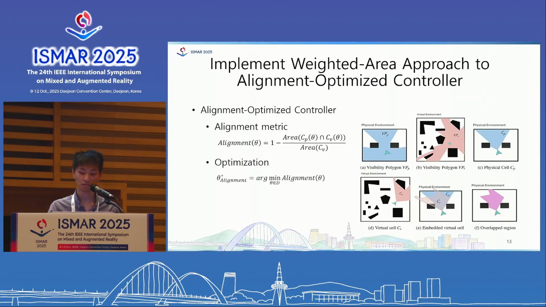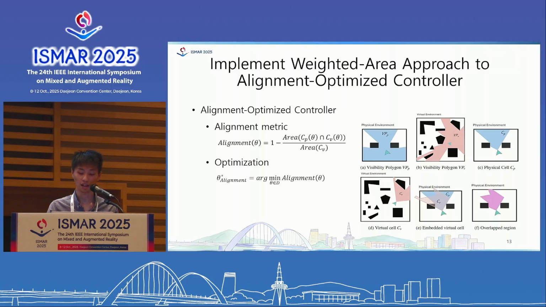Now that we have introduced the weighted area design, let's look at how we implement it in the alignment optimizer. But first, let me briefly review how alignment optimizer works. So we begin by computing the visibility polygons, VPP and VPV, for the user position in the physical and virtual environments. Using the user's heading direction, we then define the physical cell, CP, and the virtual cell, CV. Next, we overlay the virtual cell onto the physical environment and evaluate their overlap.